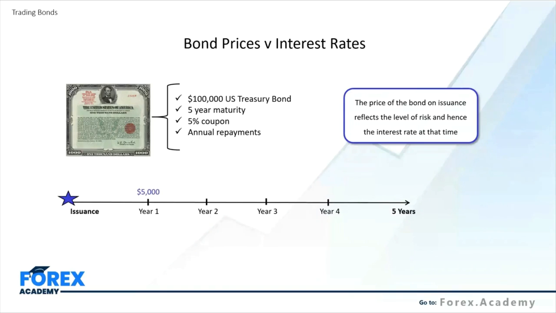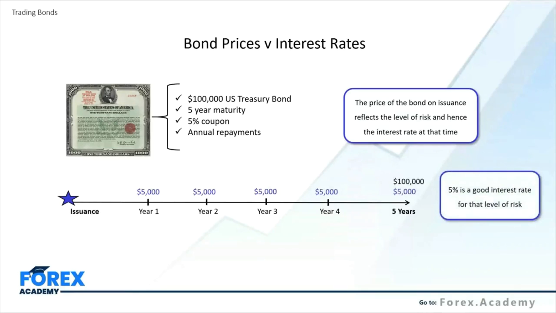As we go through each individual year, we have, of course, our interest rate payment as an annual coupon. So 5% from our $100,000 US Treasury bond is 5,000 per year, and we get that each individual year until we get to the fifth year, as it is a 5 year bond.